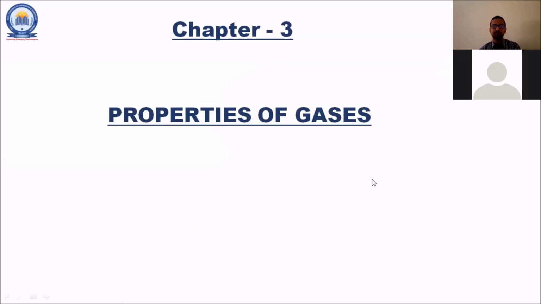So friends, if you remember, in the last lecture we discussed several derivations, we solved several parameters related to the three non-flow processes. The first process we covered was the constant volume process, which is also known as the isochoric process.